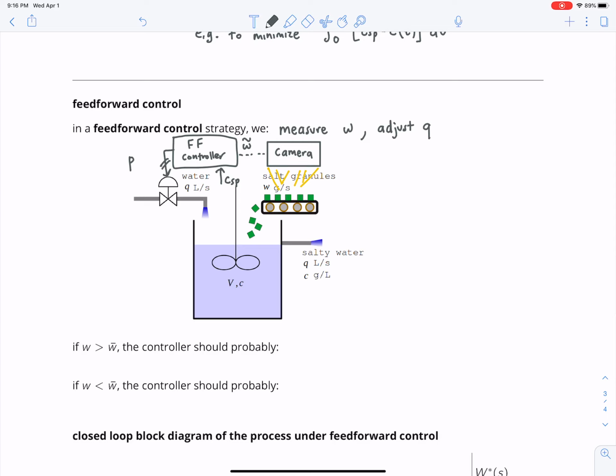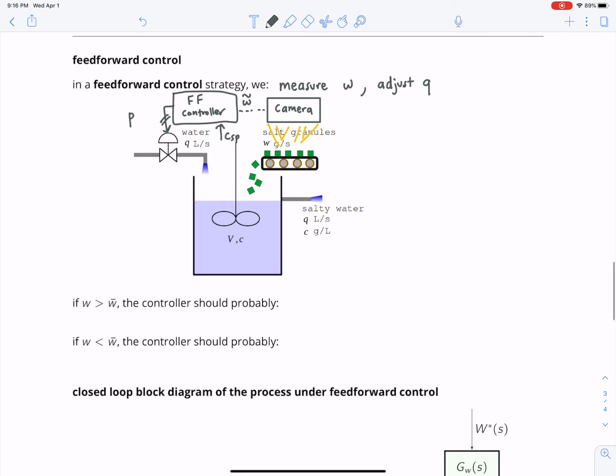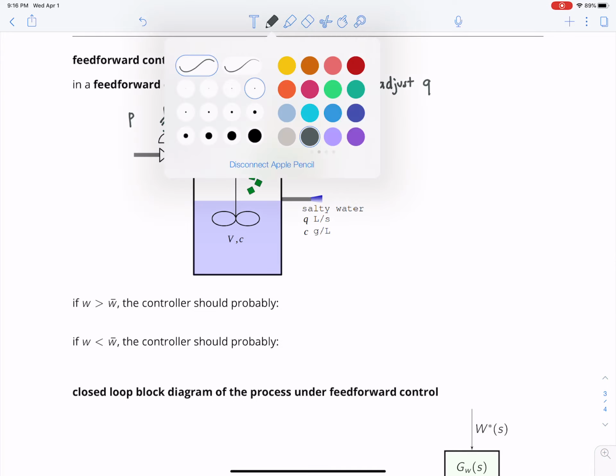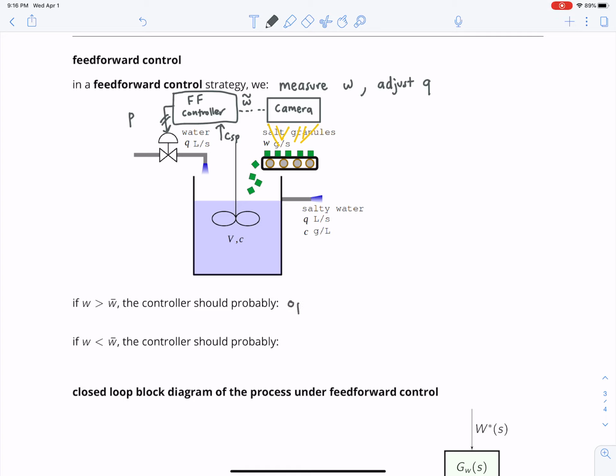If W is greater than W bar, the nominal steady state value, i.e. if W is higher than usual, what the controller should probably do is open the control valve to dilute the solution, because this jump in W, we anticipate, is going to make it more salty.